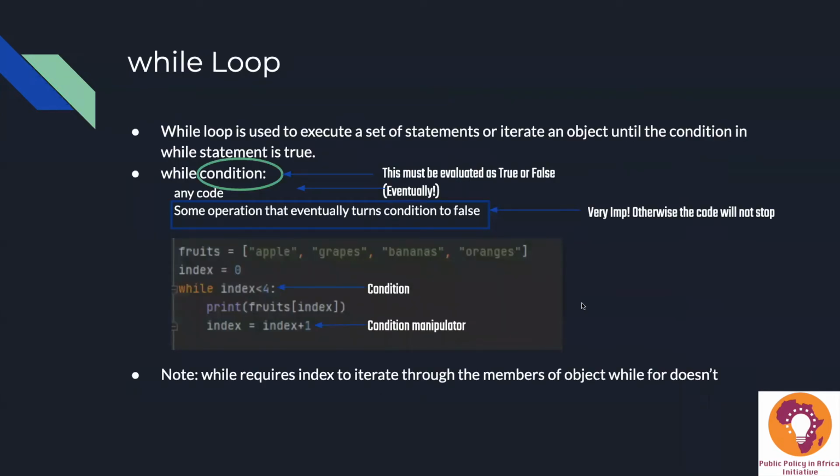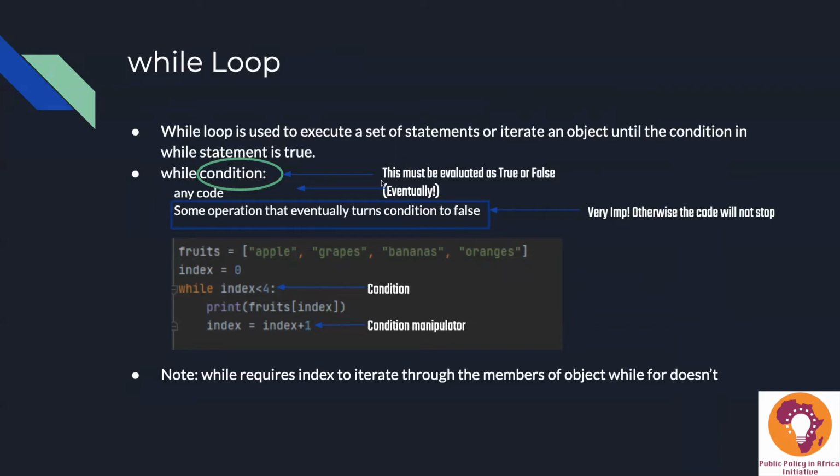So for while loops, a while loop is used to execute a set of statements or iterate an object as long as the condition in the while statement is true. While statements are different in that they just have while condition. You can think of it as while our condition is true, do whatever goes inside the code block there. Again, it'll end in a colon, and the code that you want to execute is indented underneath the while.